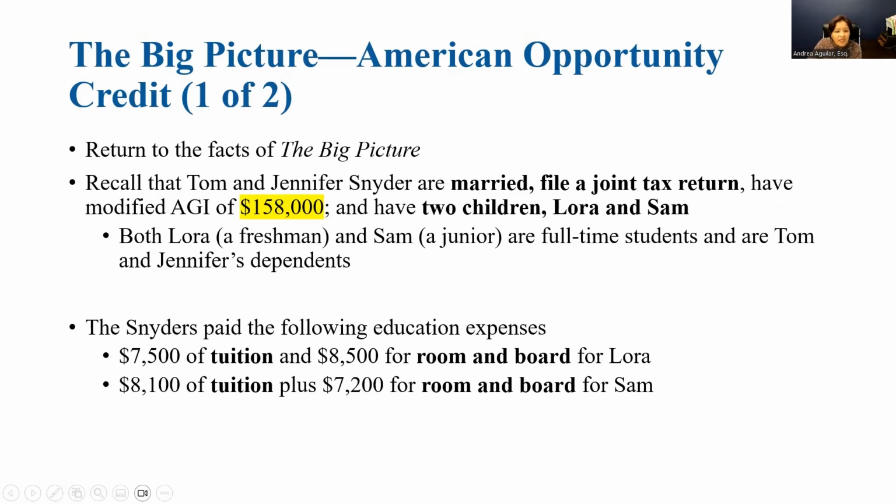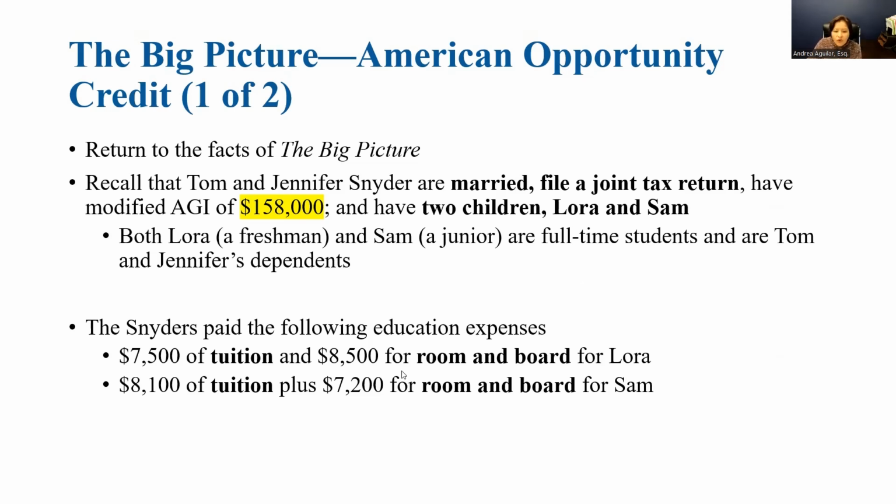Now, the Snyders, meaning Tom and Jennifer, pay the following education expenses: $7,500 of tuition and $8,500 for room and board for Laura, and $8,100 of tuition plus $7,200 for room and board for Sam.